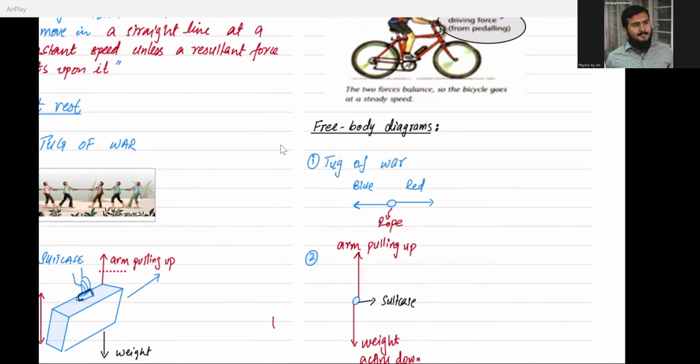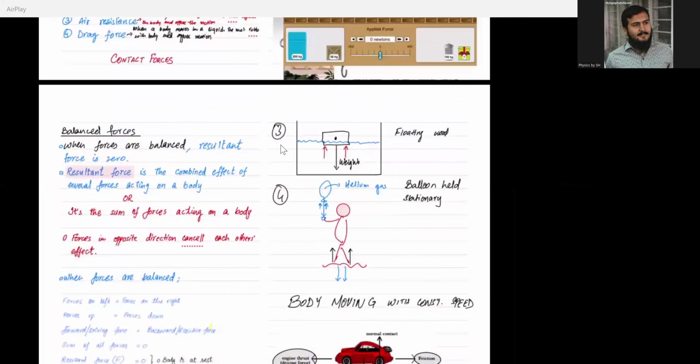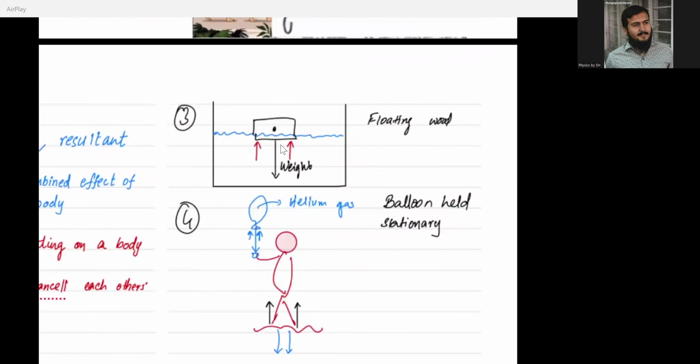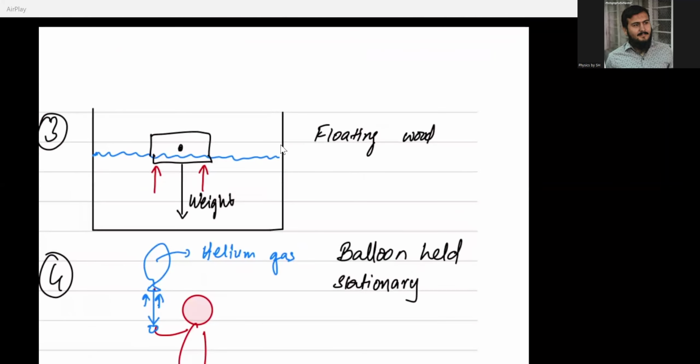No. Okay. Free body diagram for this floating wood. What would it be? Floating wood. यहाँ free body diagram कैसे बनेगी? Simply this dot representing the wood, and then a line representing water. And then the upthrust from water. Hania, सही बना रहा हूँ? Yes, sir.